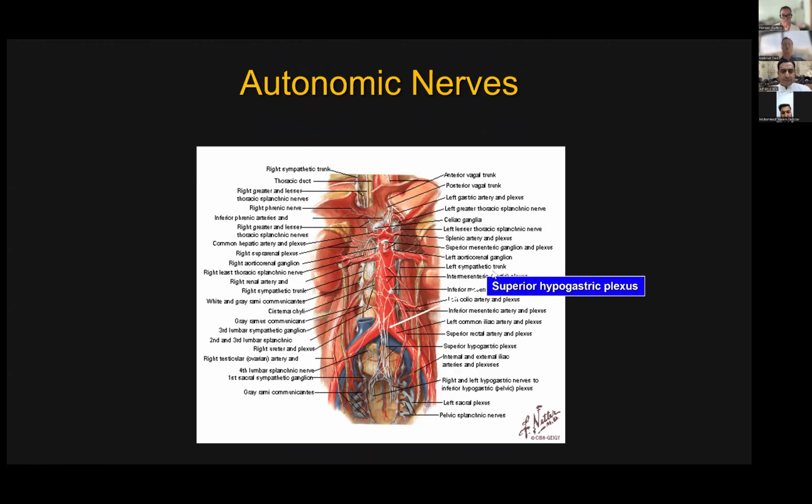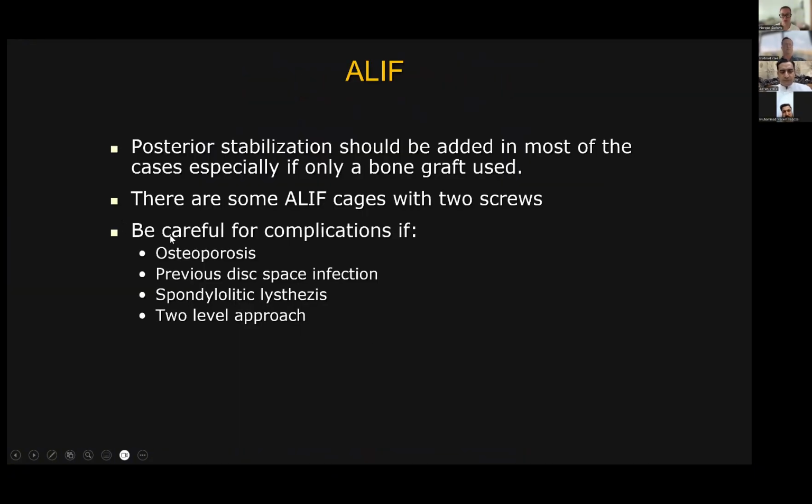Regarding autonomic nerves, we must be very cautious, especially in male patients, to preserve the superior hypogastric plexus. Otherwise, retrograde ejaculation may happen as a complication of this approach. We must be careful about complications if there is osteoporosis, previous disc space infection, spondylitic disease, and two-level approaches.